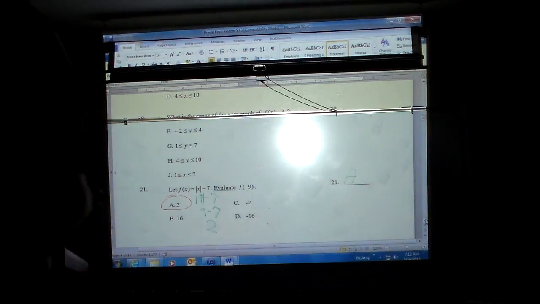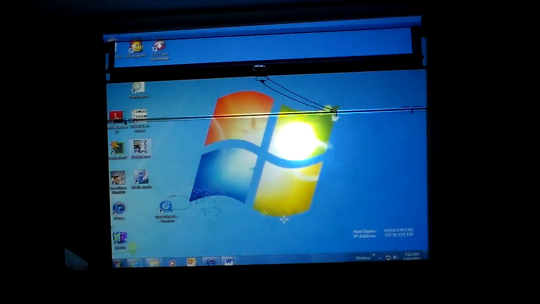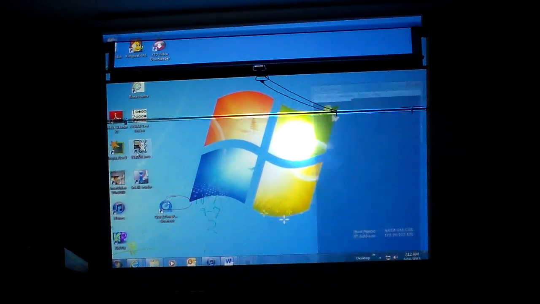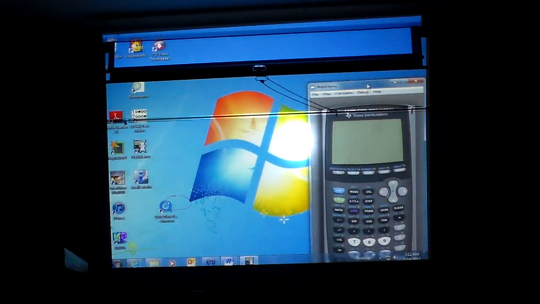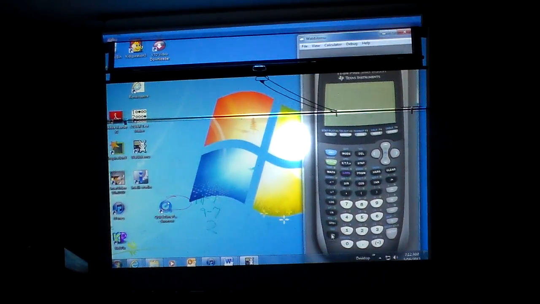Also, if you forget exactly how to do that, you can go to your calculator, handy dandy calculator there. Oh, you know what I forgot to do? I think I exited out of my little calculator. Let me pull it back up here. Turn it on. What I would do is the following to show that.